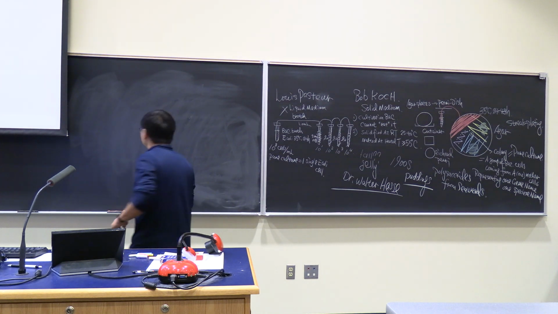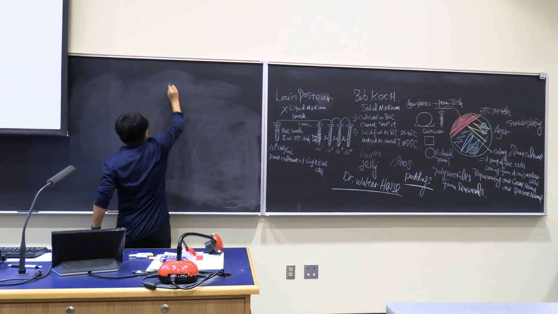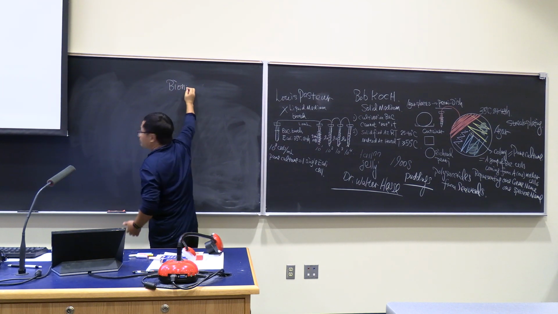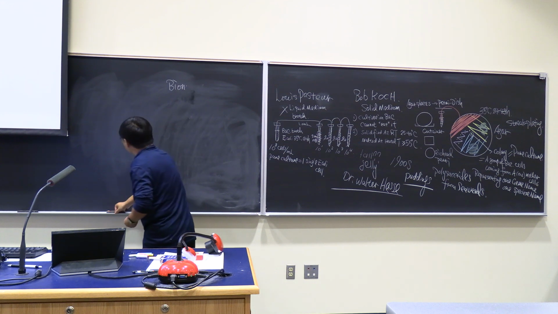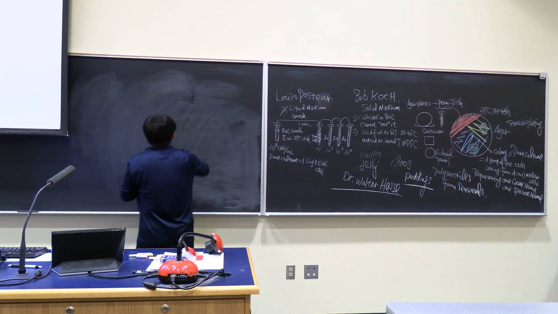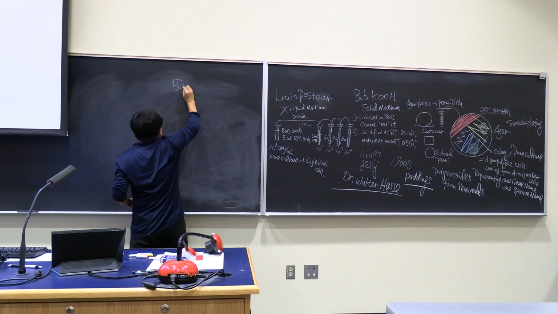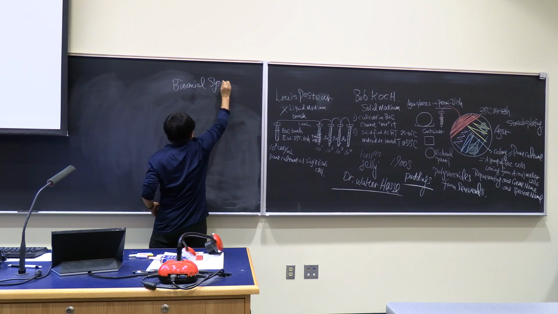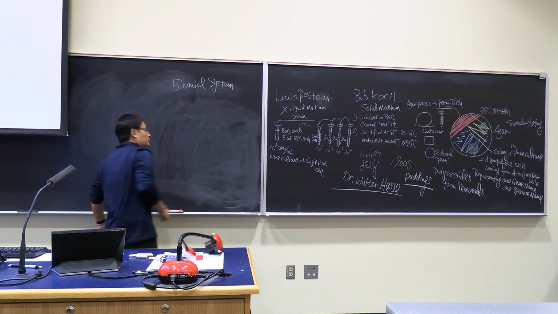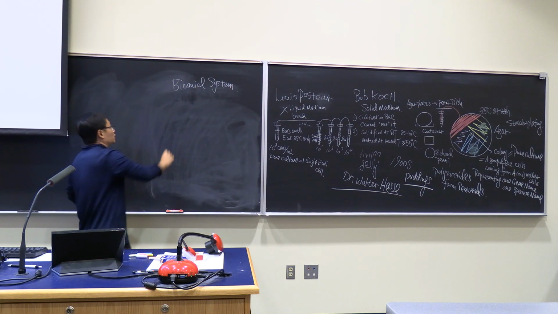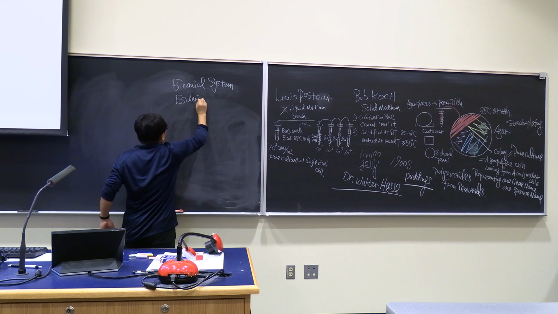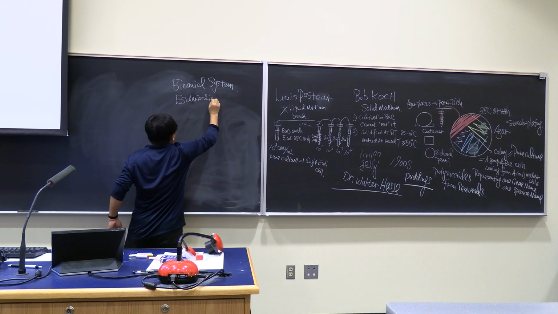It's called binomial nomenclature, the binomial system. Okay, it's easy. So what does this mean? Let's say E. coli. The full name is Escherichia coli.